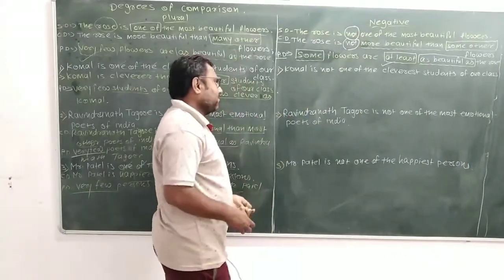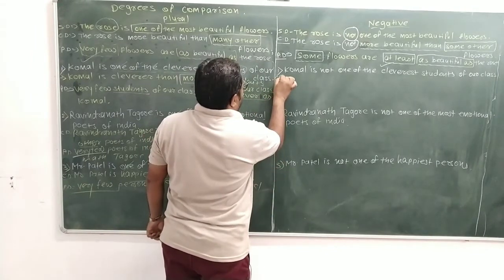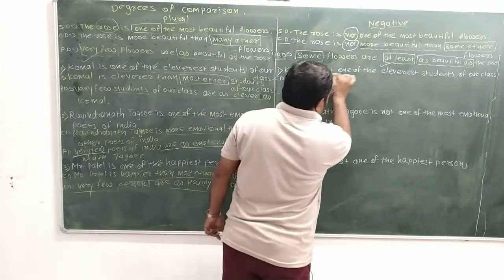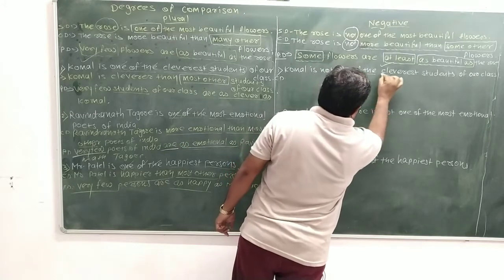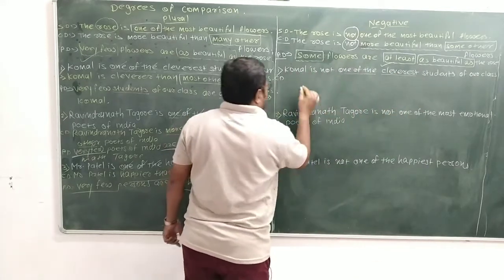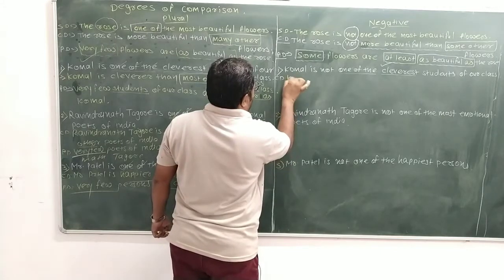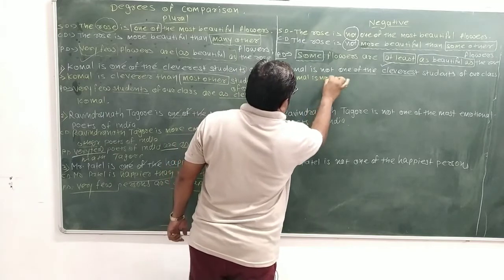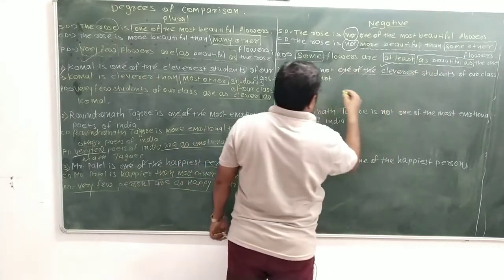Okay, let's see. First of all, we make the comparative degree. Komal is not one of the cleverest students. So, Komal is not one of the cleverest, or cleverer.